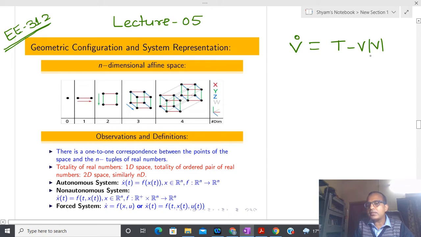In this particular system, we are trying to move our underwater vehicle with some kind of velocity. That velocity v is a real number if you measure it at any time.